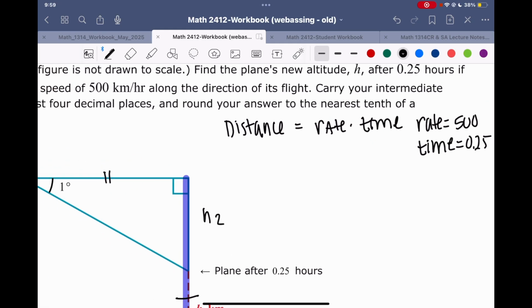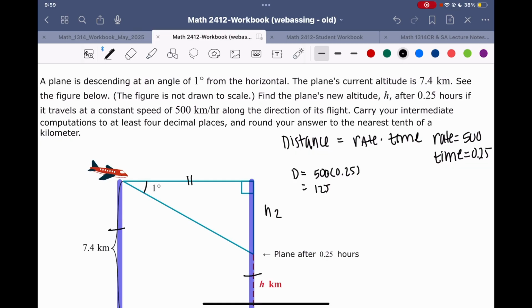So that means our distance is going to be 500 times 0.25, which is a quarter of 500, which is 125. 125 is this line right here, the hypotenuse.